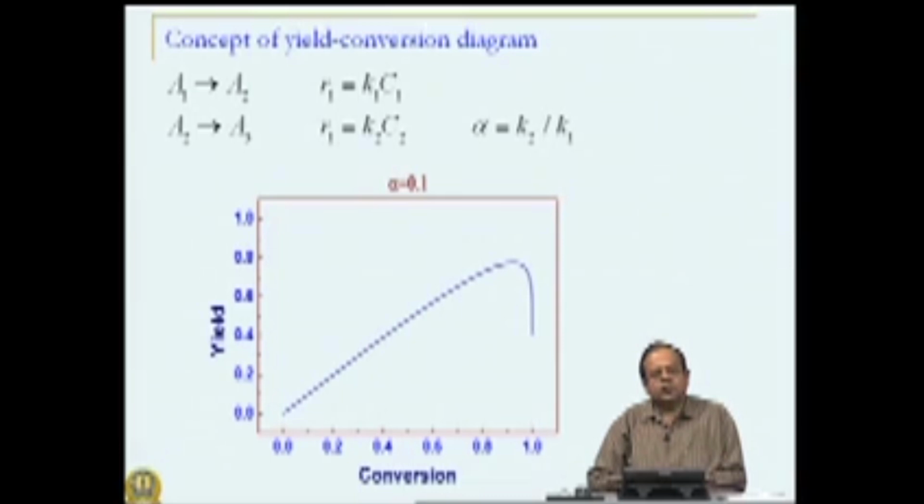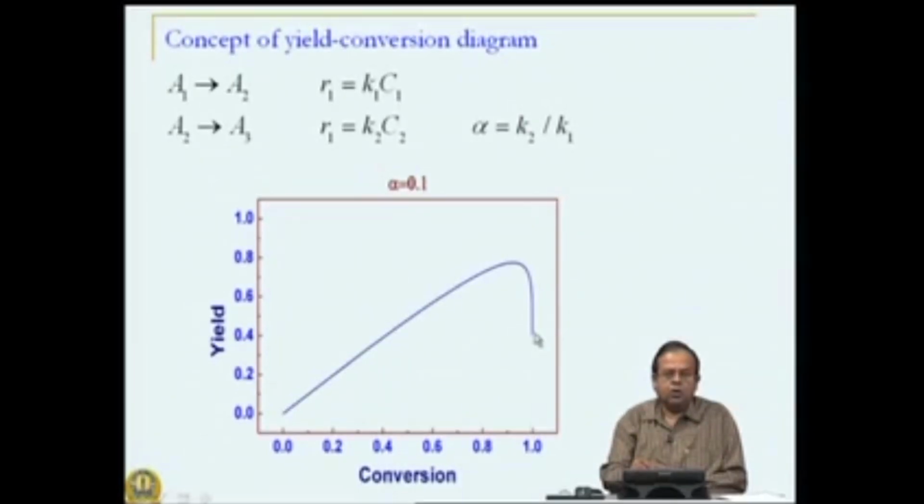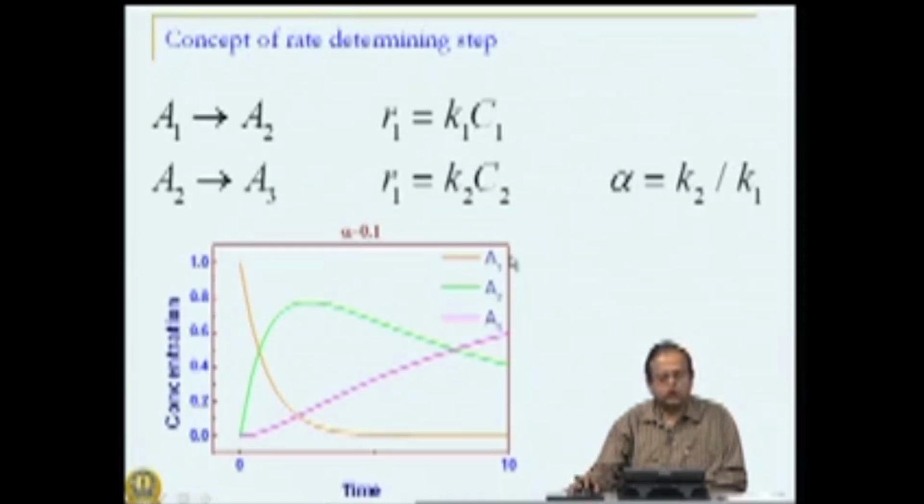The second lesson that we learned from this particular example is that maximizing conversion is not always the criteria, because maximum conversion often gives lower yields compared to restricted conversion over here.